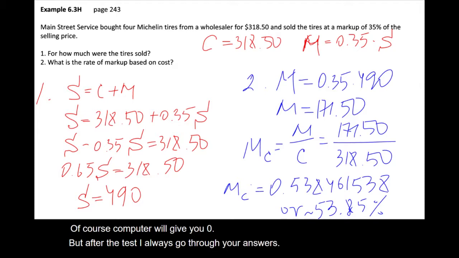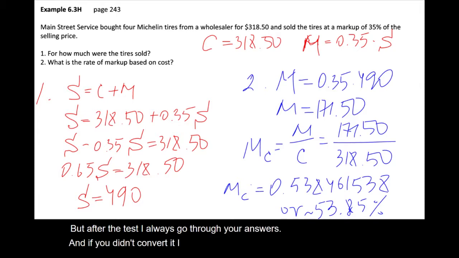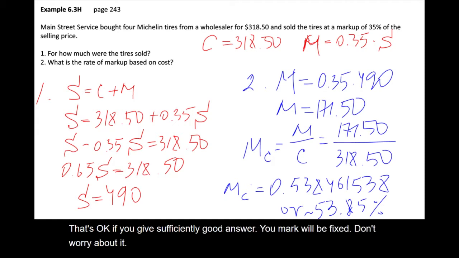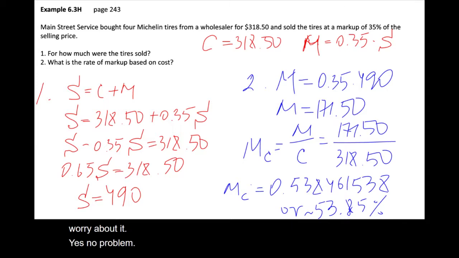If you didn't convert it, I just fix your mark and that's it. What if we didn't round off? That's okay. If you give a sufficiently good answer, your mark will be fixed. Don't worry about it.